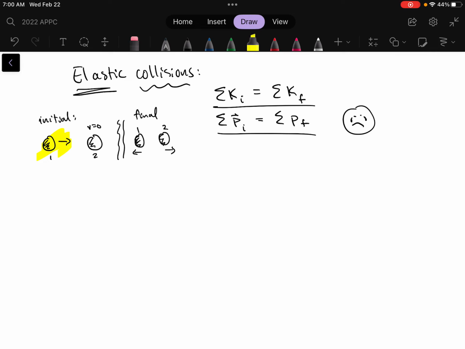So if it's an elastic collision, we know that energy is conserved as well as momentum. But we also know that from that conservation of momentum, the idea that when two things interact at that point of contact, there's going to be equal and opposite impulses.